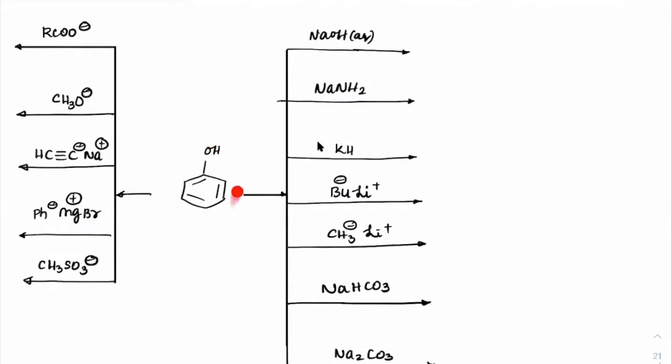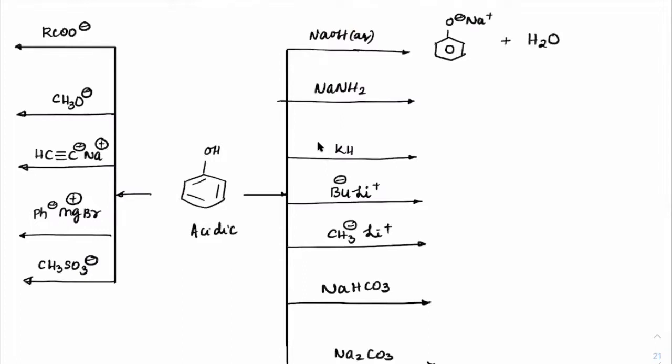We consider phenol as an acidic compound first and start making the reaction, which means this will lose H plus, and from here OH minus will grab that H plus and become H2O. So the product we are expecting is the phenoxide ion, O minus Na plus, and H2O.